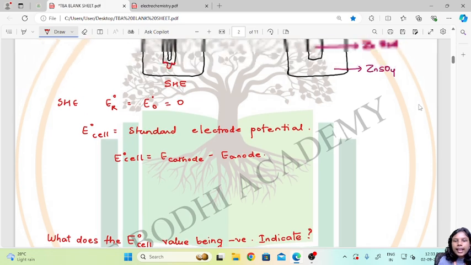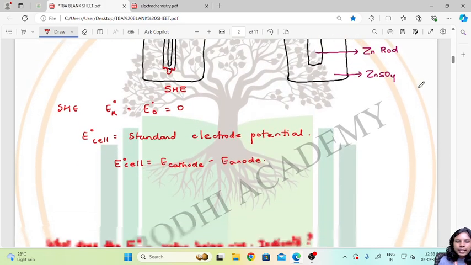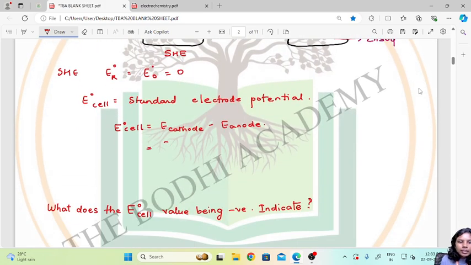Now in this case at the cathode we have Zn, so we'll write it as E Zn2+ to Zn, and here at the anode we have E H+ going to half H2.